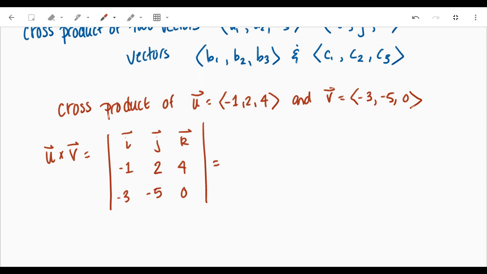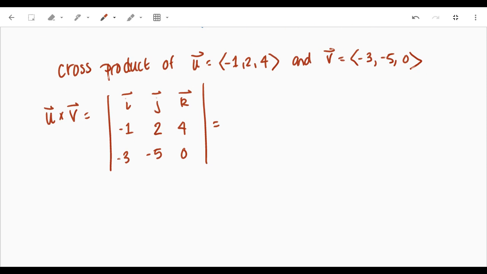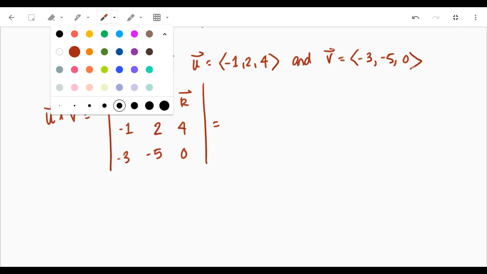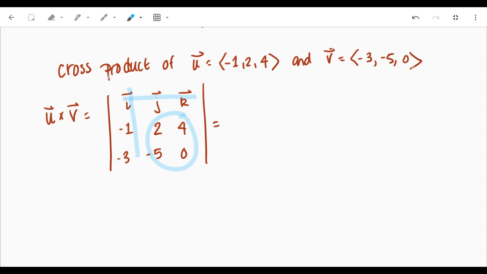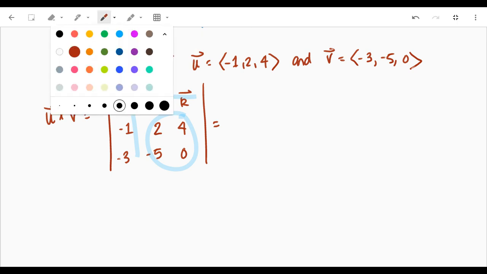And welcome back if you did that. So now remember, we think about covering up the first row and the first column. And we take that little determinant that's left. So we would have your 2 times 0 minus your 4 times -5. I'll write it out here.